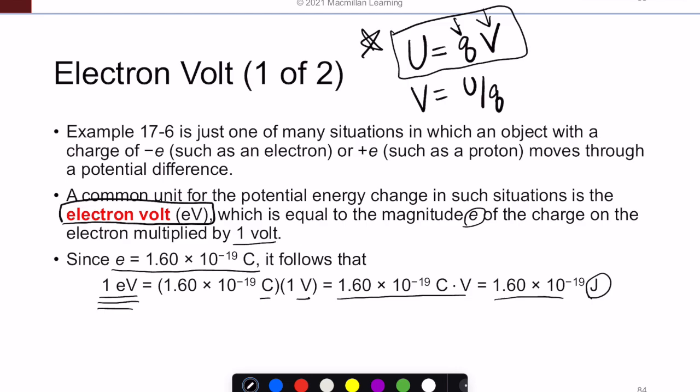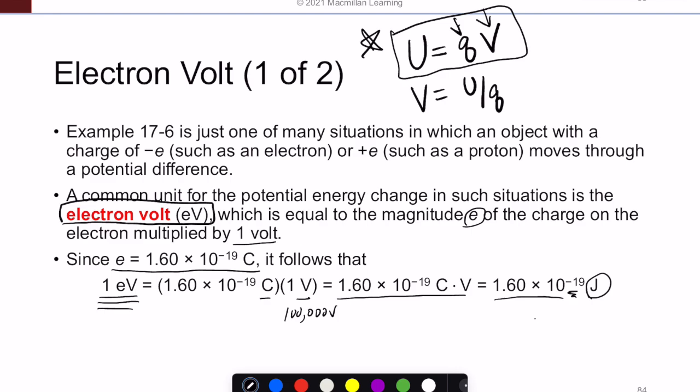And that's because we're talking about particles like electrons and protons that have very small charges, right? The magnitude of the charge is on the order of 10 to the minus 19. And we're accelerating them through potential differences, even up to 100,000 or more. We're still going to get a very small number.